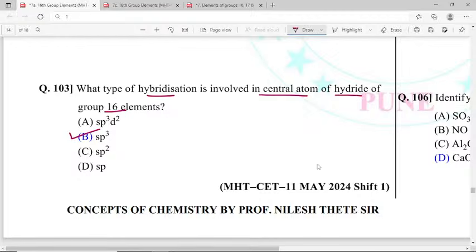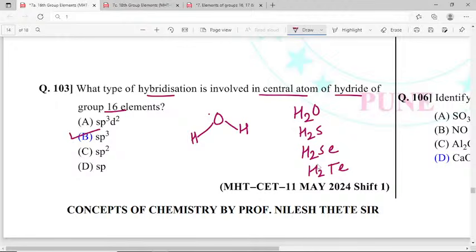Hydride stands for H2O, H2S, H2Se, H2Te. Oxygen here, hydrogens here, and 2 lone pairs, so the hybridization is sp3.